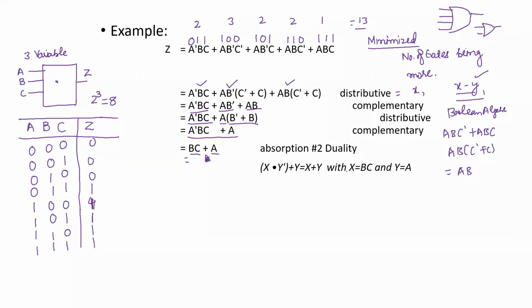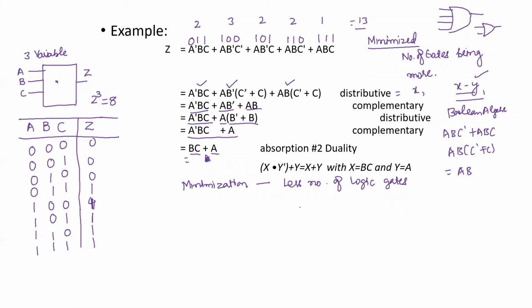So this is how you can see that when you are going for a proper minimization, what are the benefits? Benefits are less number of logic gates. So this is the first advantage.